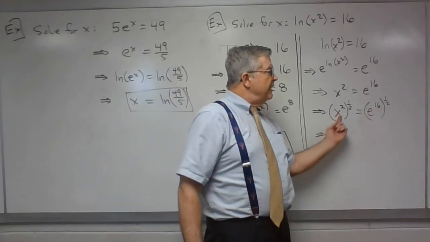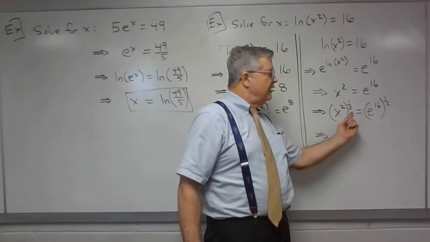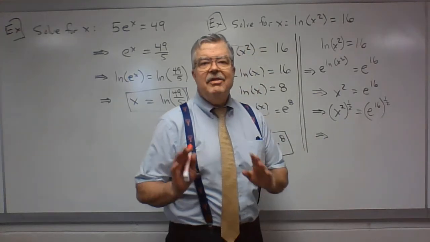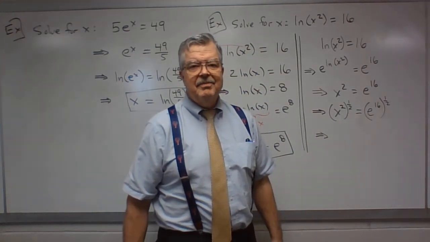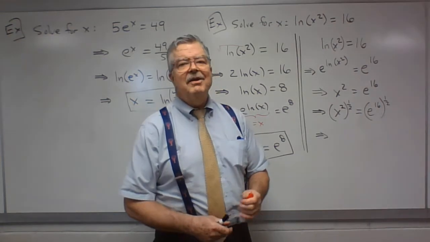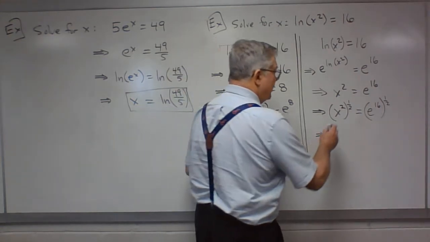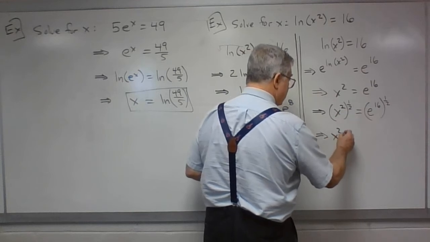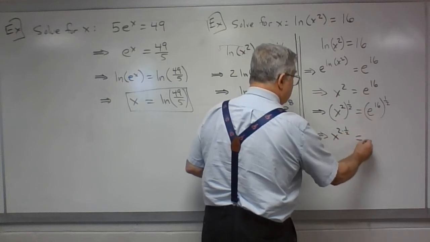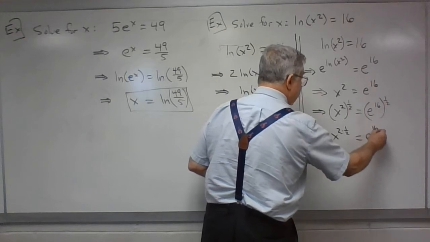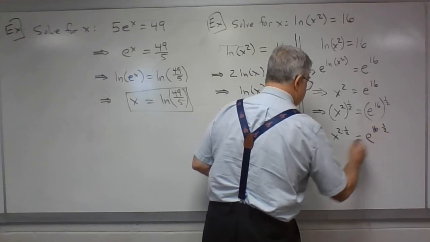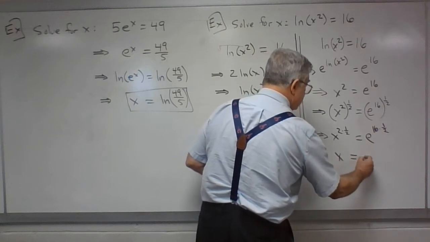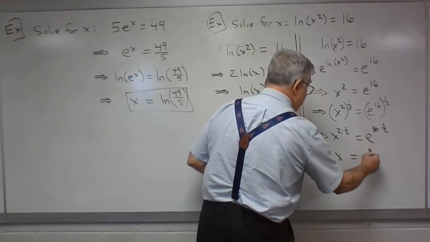If I have an expression raised to a power, and I raise that to a power, what do the exponents do? They multiply, don't they? Excellent. So we'll get x to the power of 2 times 1/2 is equal to e to the power of 16 times 1/2. Or x to the first equals e to the 8th.